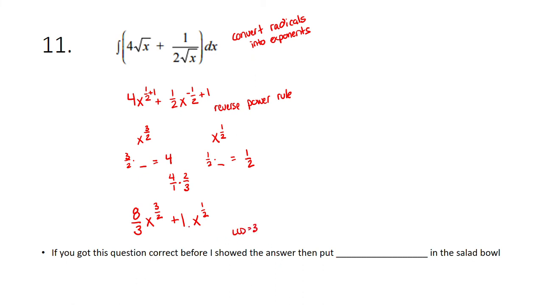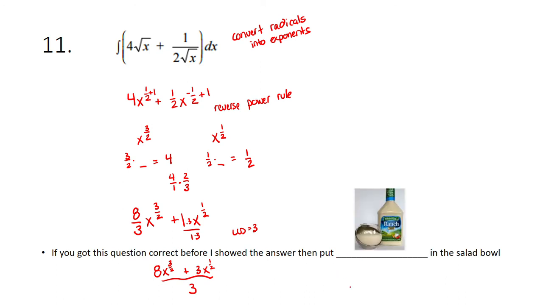So this gets multiplied by 3. So that's going to be 8x to the 3/2 power plus 3x to the 1/2 power all over 3. And I'm running out of time to convert that into radical form. If you got that right, give Brandon some ranch.